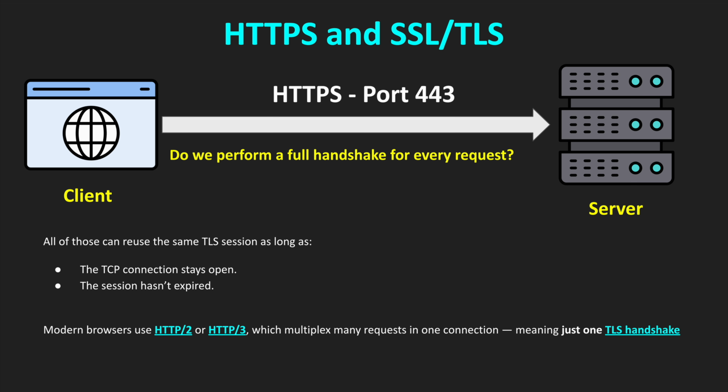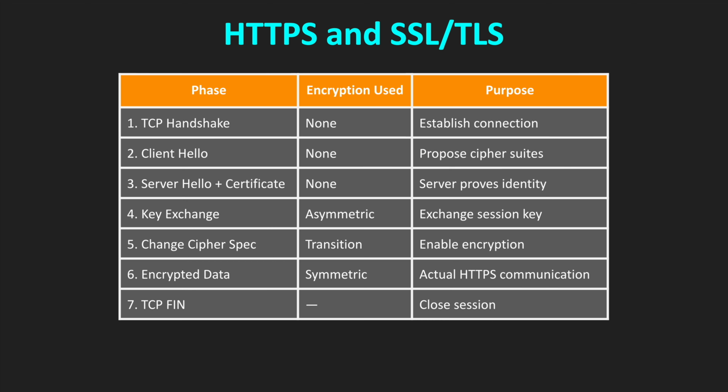For all those 3 endpoints, we use the same TLS session as long as the TCP connection stays open and the session hasn't expired. Besides that, modern browsers use HTTP2 or the latest version, HTTP3, which multiplex many requests in one connection, meaning in one TLS handshake.